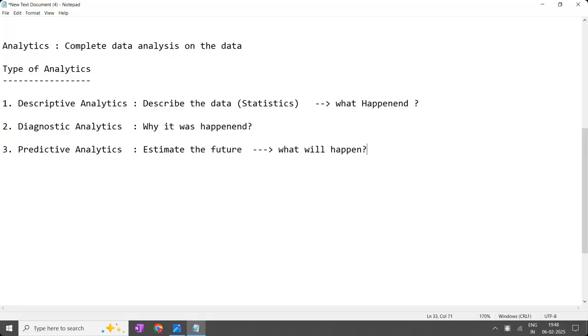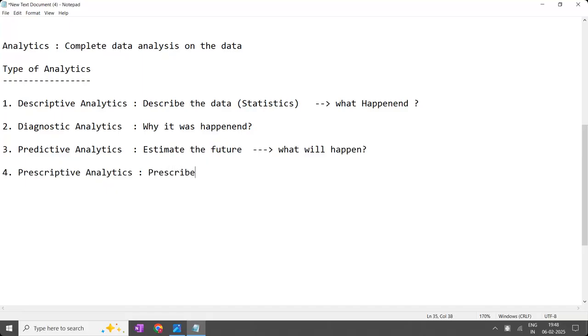And the fourth one is called prescriptive analytics. Prescriptive analytics means you are going to prescribe based on your observations.